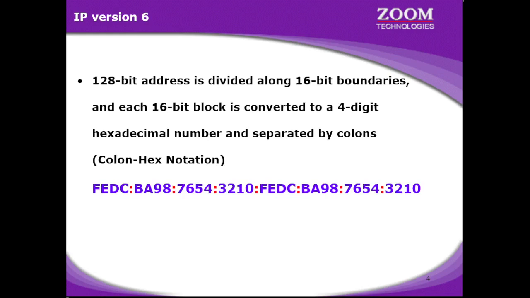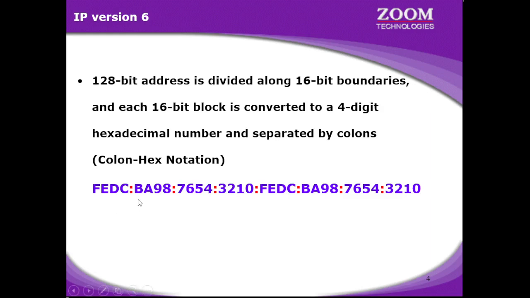Okay? So the IP version 6 naman is a 128-bit address which is divided along 16-bit boundaries, and each 16-bit block is converted to a 4-digit hexadecimal number and separated by colons or the colon hex notation. So here, if this is 128 bits, if we have four blocks, it's 64 bits.